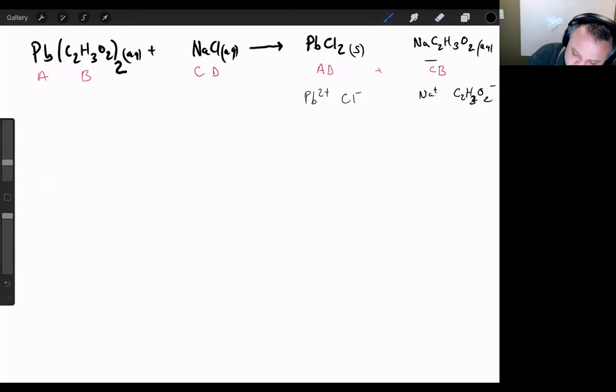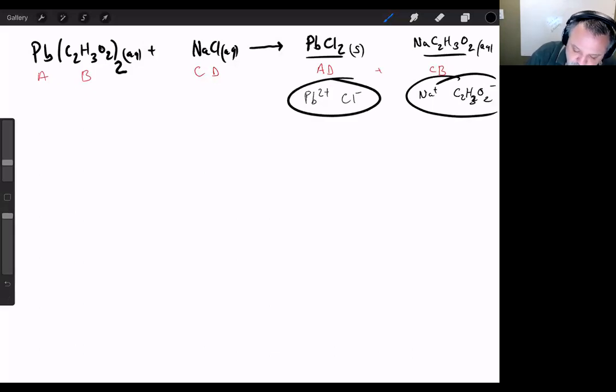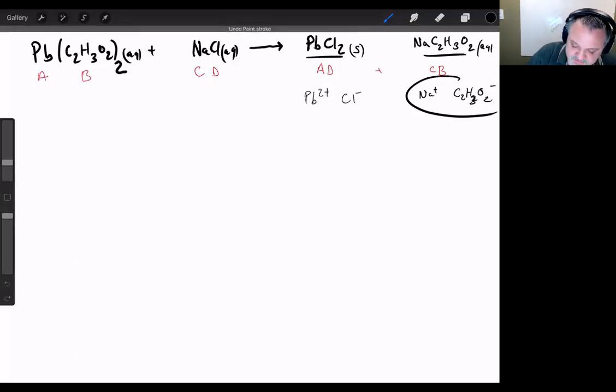There are not 2 acetates there because that's not the formula for sodium acetate. Students often get confused. They just want to write down the same numbers of things. But remember, the formulas of compounds are formed based on nomenclature rules. And that's like the cross down game, or making sure that the charges are balanced.